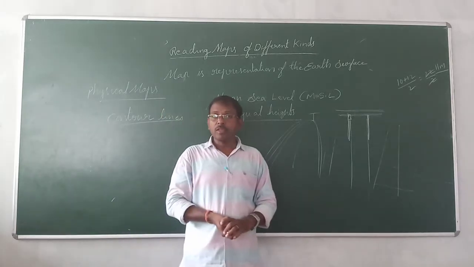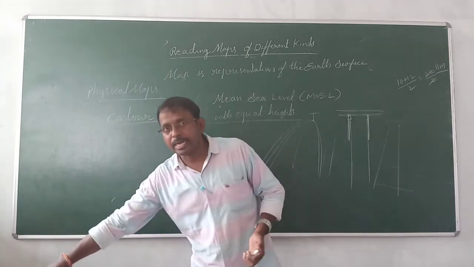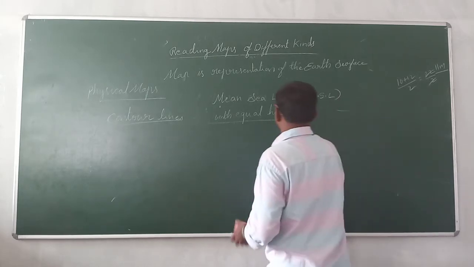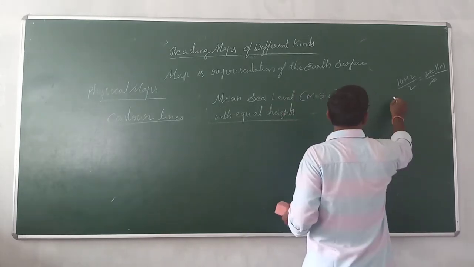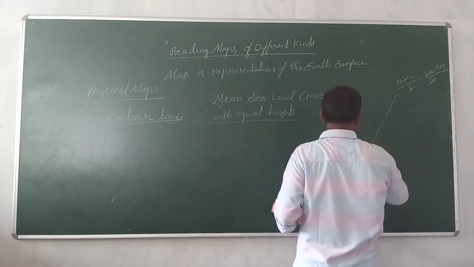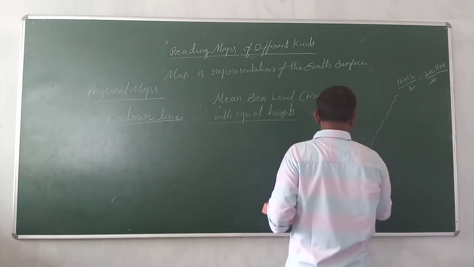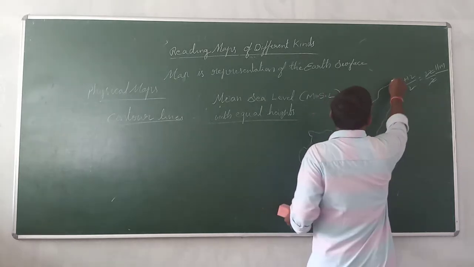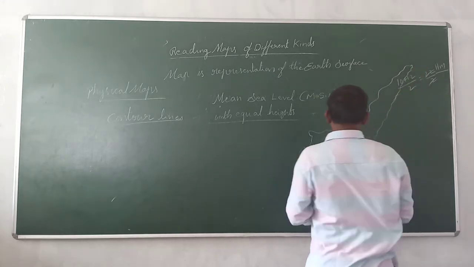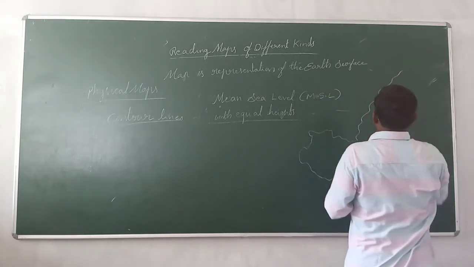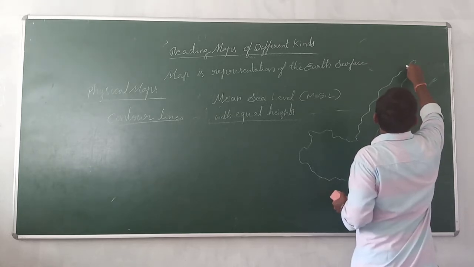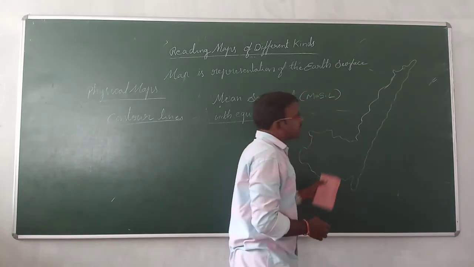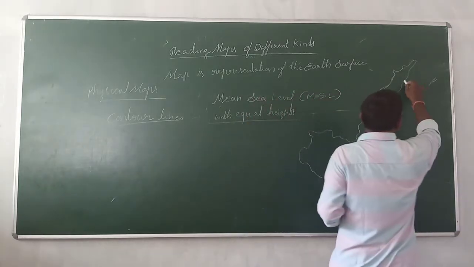For example, observe Andhra Pradesh in the atlas, the Andhra Pradesh physical map. If you see that map, blue color will be there.